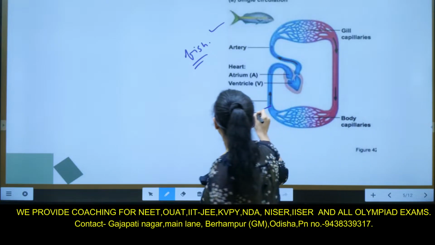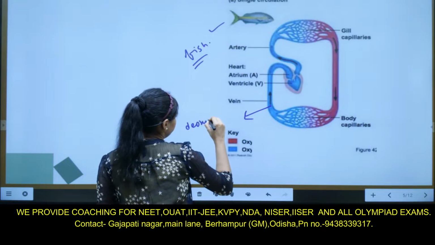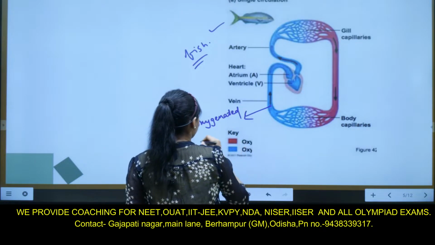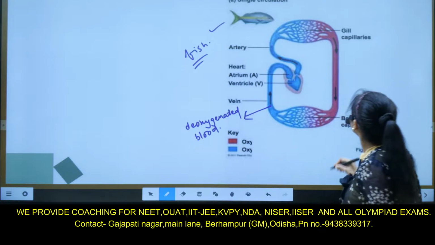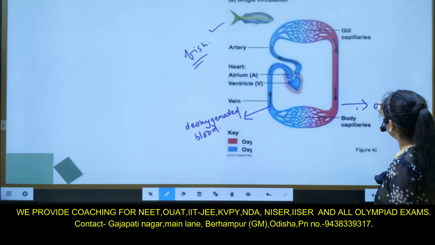Here is the vein that transports the deoxygenated blood, and here is the oxygenated blood.